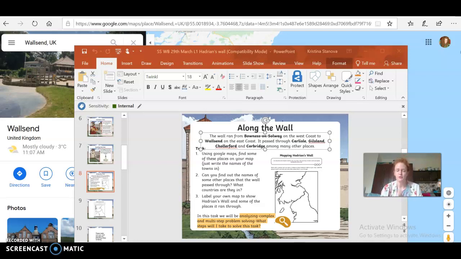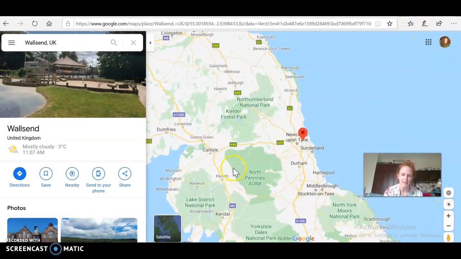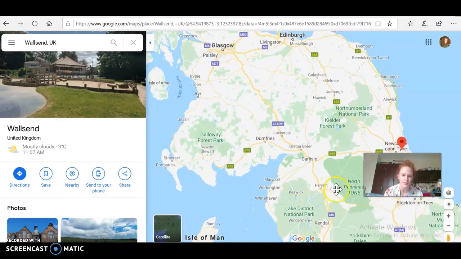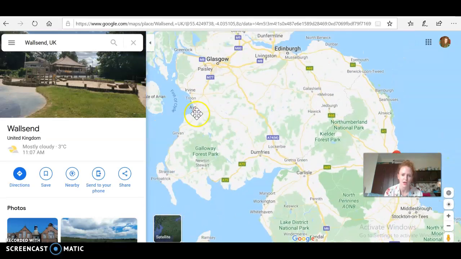Now, task number 2, can you find out the names of other places that the wall passed through? So, I would recommend that you, on your blank map, write down all the cities you found, okay? Then go back to the map, and zoom in and see if there are any other places this wall passed through, okay?